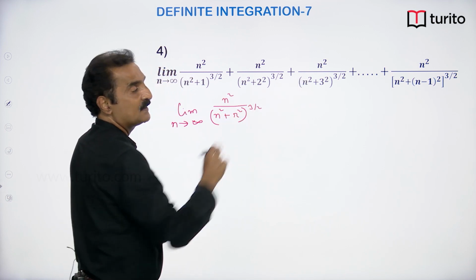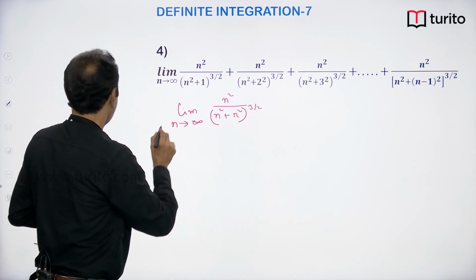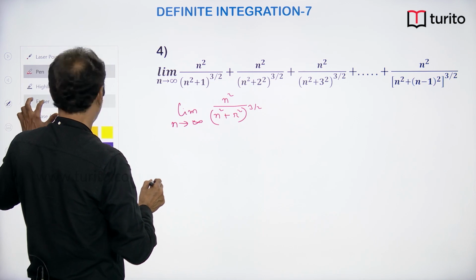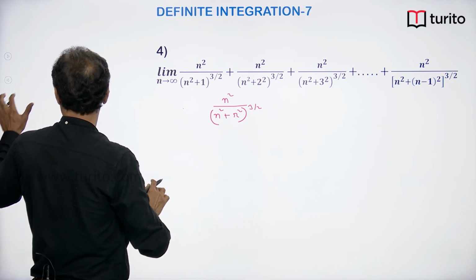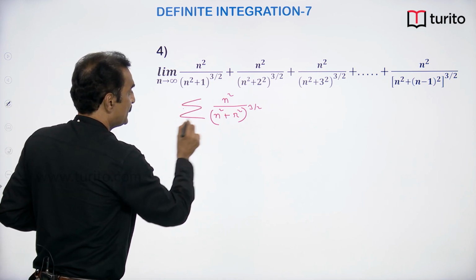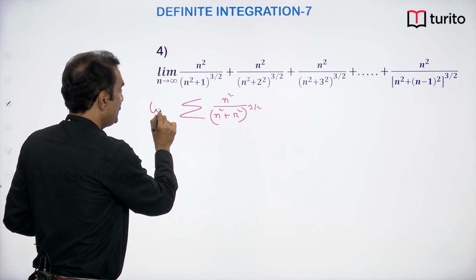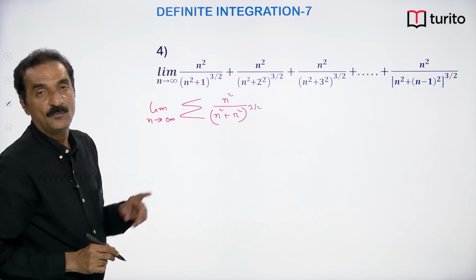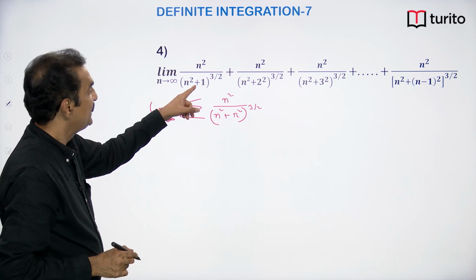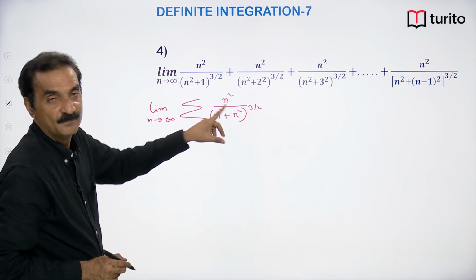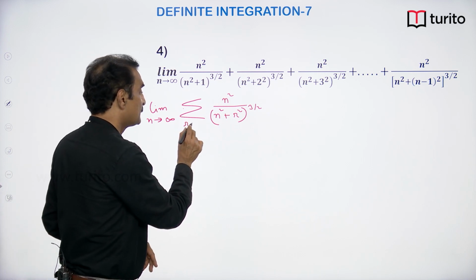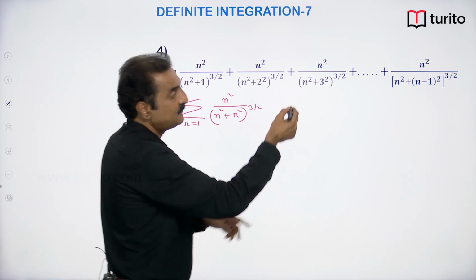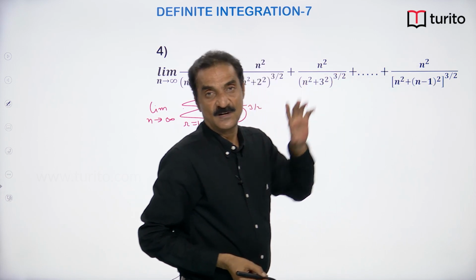Is it not? And then take sigma. Limit n tends to infinity. What are the limits of r? In the first term r is 1. In the last term r is n minus 1.